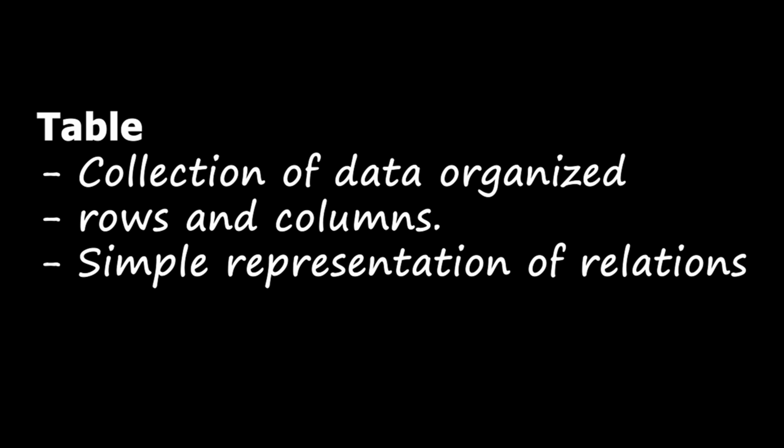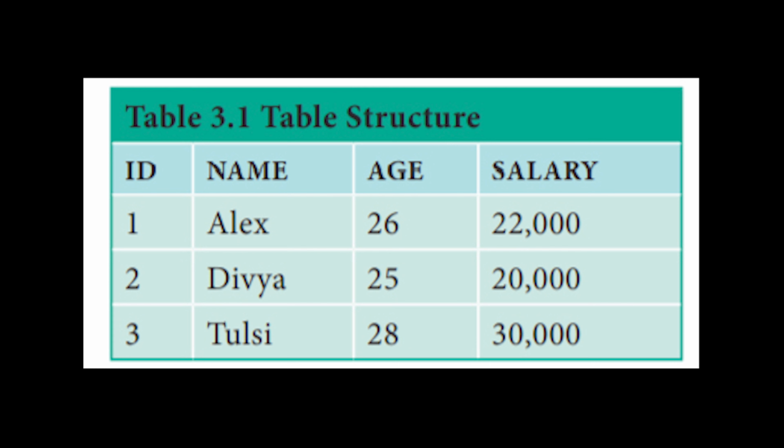True relations cannot have duplicate rows. Understood? Here in this table, you can see the name is Alex, the age is 26 and the salary is 22,000. The same thing can't come in another row. So this table is a simple representation of relations, and true relations cannot have duplicate rows.